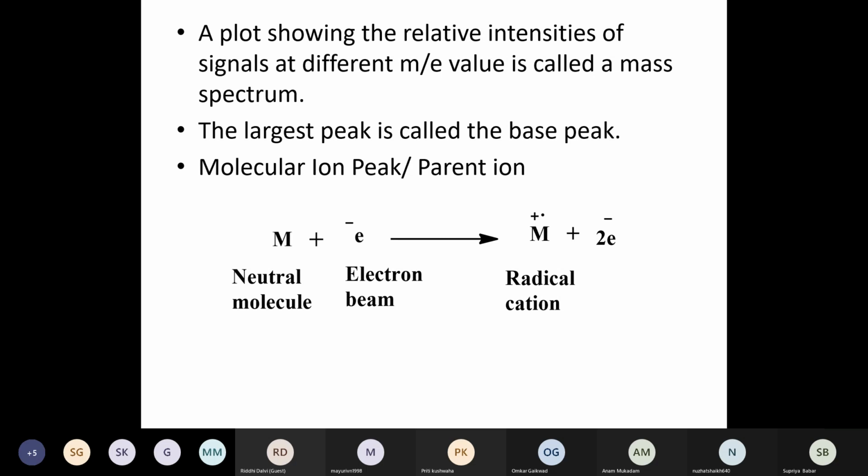The energy required to remove the electrons which are near the nucleus will be high, because they are tightly held.